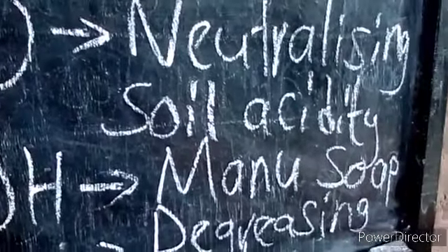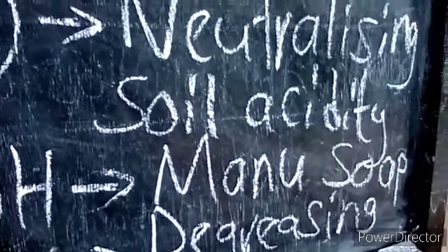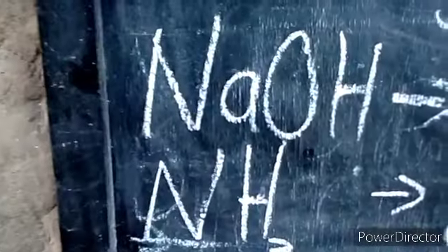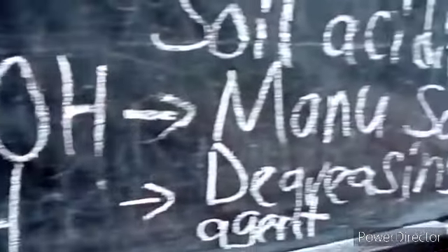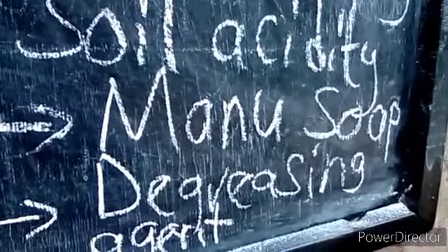Then the next one, we have sodium hydroxide, which is used in the manufacture of soap, that is in the soap industry. Then the last one, we have the ammonia solution, which is used as a degreasing agent.